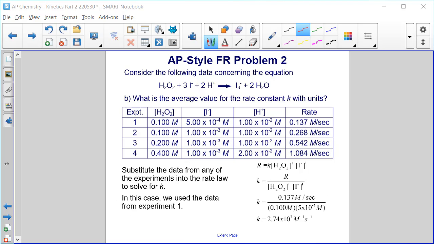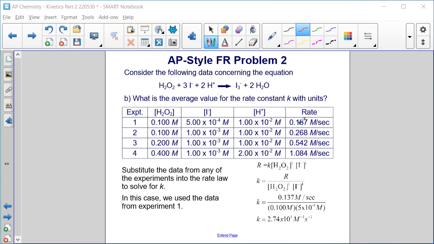All right, in part B, we're asked to find the average value for the rate constant K with units. So to find the rate constant, we just substitute the data from any of the experiments in the rate law to solve for K. In this case, we used the data from experiment 1.